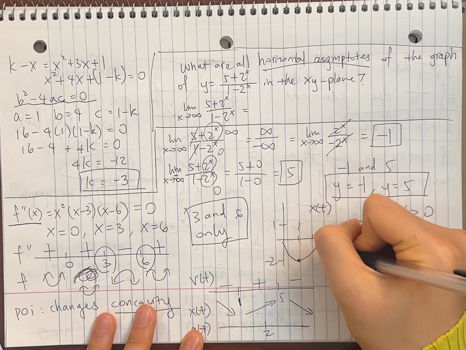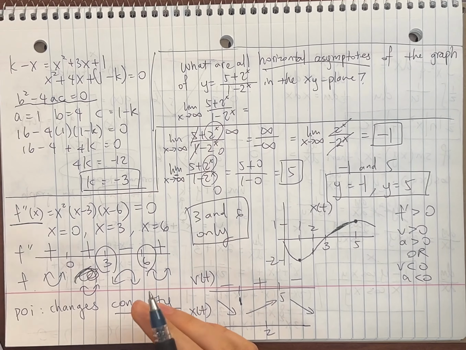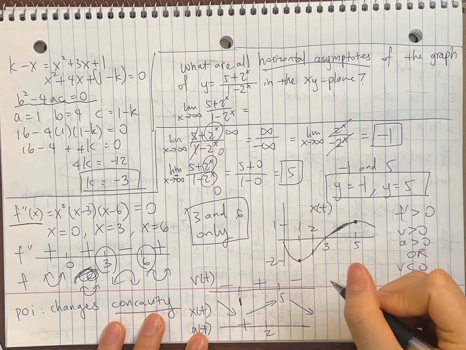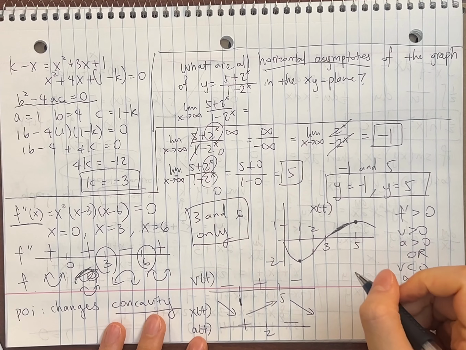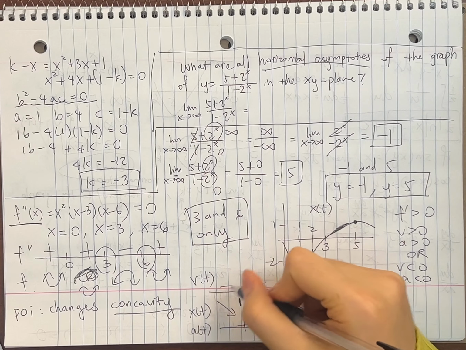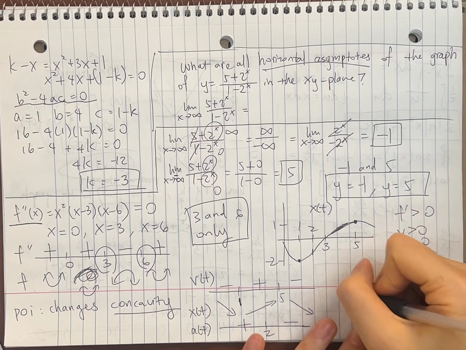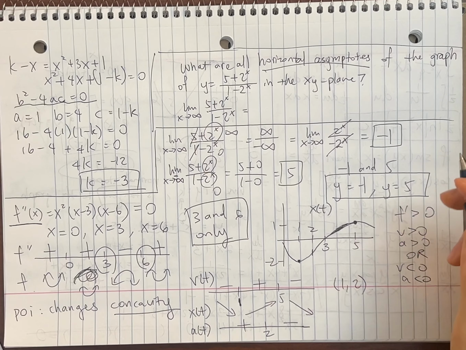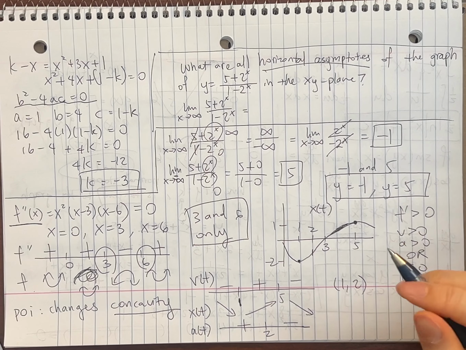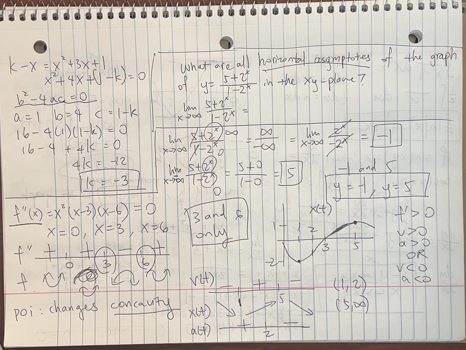So 2 is approximately here. We know that below 2 it's concave up, so it will be positive, and above 2 will be negative. So what we want to know is at which interval velocity and acceleration have the same sign. So negative infinity to 1 cannot be the answer, and 1 to 2 is good because they both are positive, and 2 to 5 cannot be that. Also 5 to infinity can also be the answer.